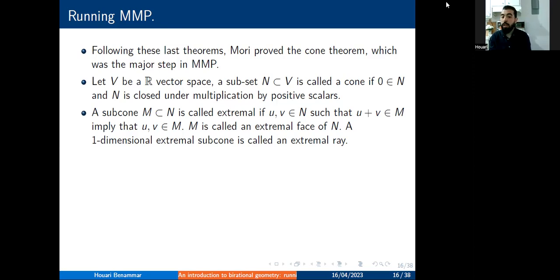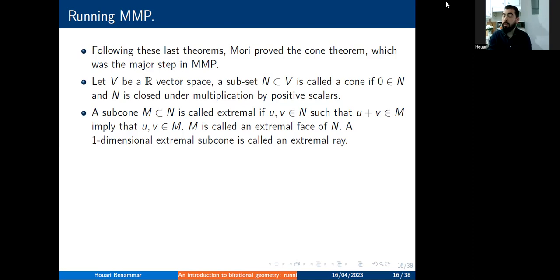Okay, a subcone M is called extremal if we take two elements u and v in N such that the sum is in M, then this implies that u and v are in M. Okay, that means that the extremal subcone is in the boundary in some sense. So M is called an extremal face of N. Okay, and a one-dimensional extremal subcone is called an extremal ray.